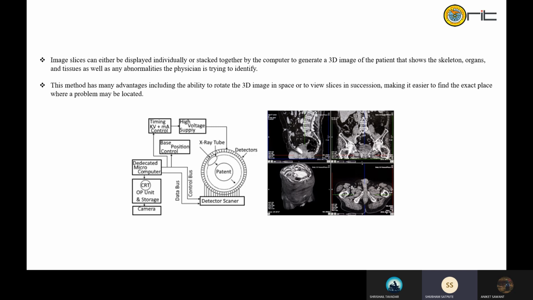These components are essential for this system and work accordingly to fulfill the task provided for medical use. On the right-hand side are the 3D images of the part of the patient to be scanned, generated by the computer and stacked in the system.